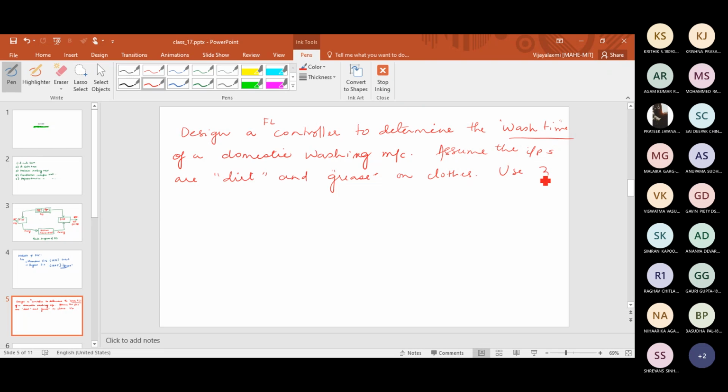Use three descriptors for input variables and five descriptors for the output variable.